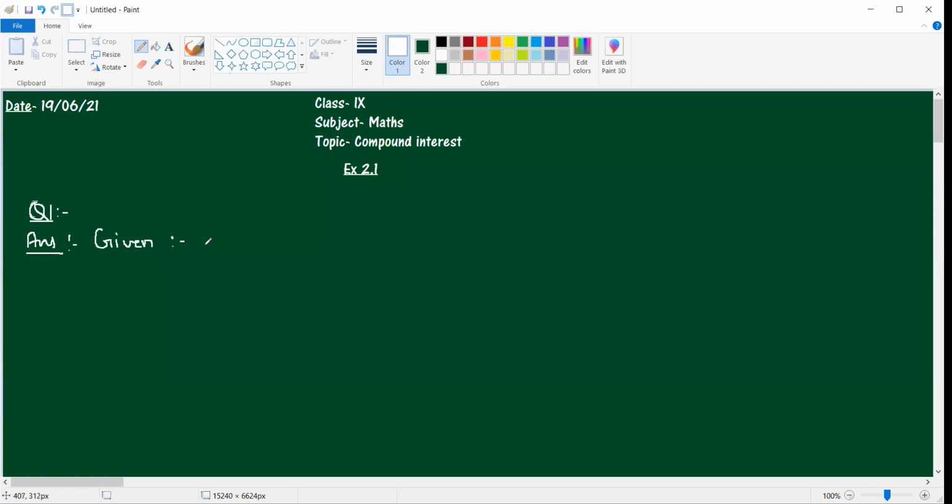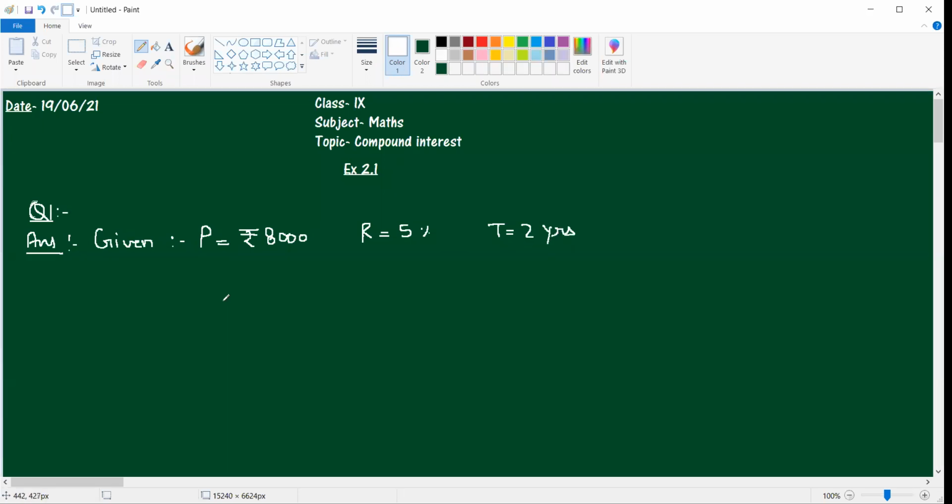Principal is P equal to rupees 8,000. Rate of interest is 5%, and time is 2 years.